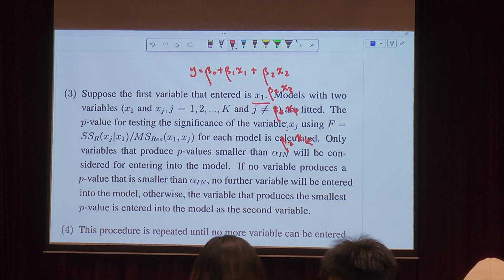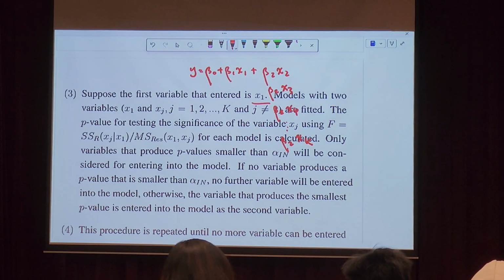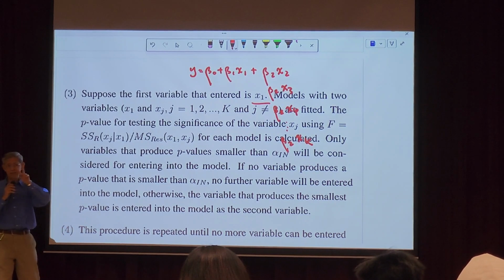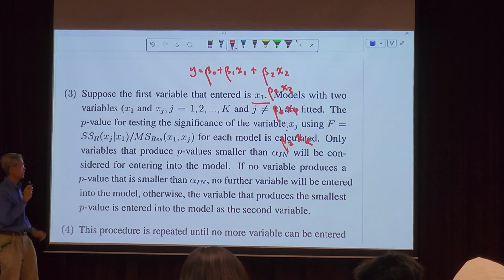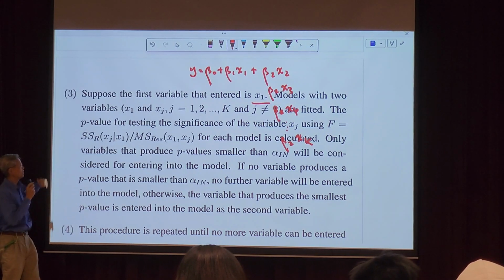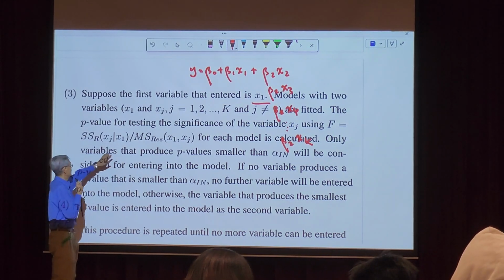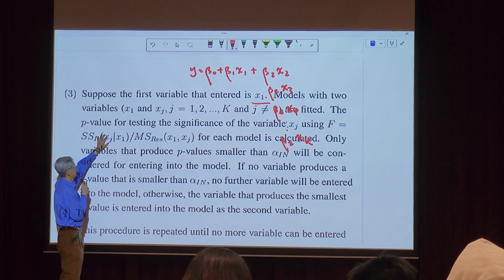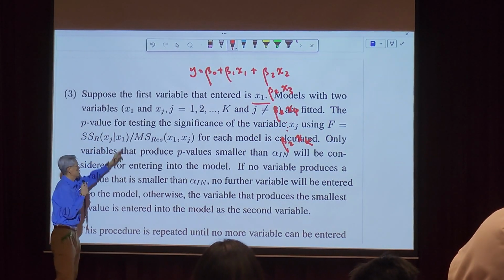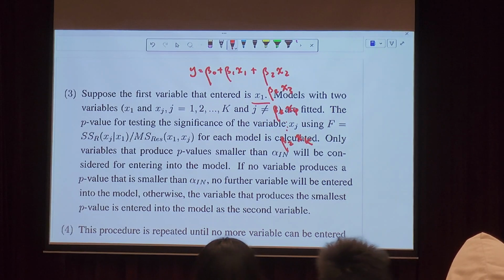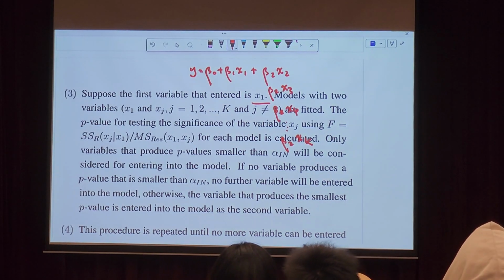So I now have k minus 1 regressor models, because I'm now considering two regressors. And I want to see which one I should include in the model. Again, I will test the contribution of xj after I fitted x1. So I want to compare those models and see which one gives me a p-value that is small enough. Can you follow me?